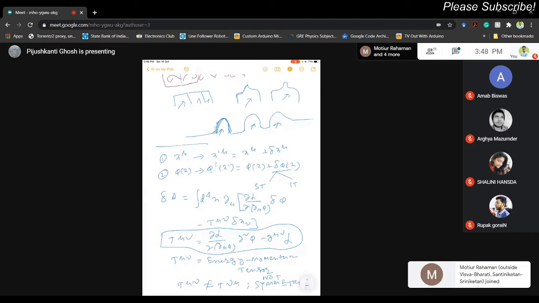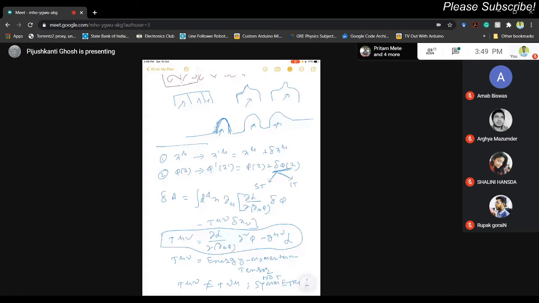So that's why delta phi may have contributions from the space-time transformation as well as the internal transformation. This is the main ingredient for deriving the equations. So delta phi may have two independent contributions, one from the space-time transformations and the other from the internal transformation.